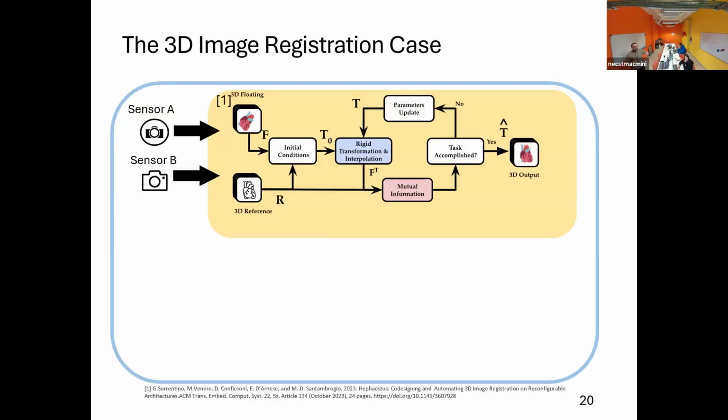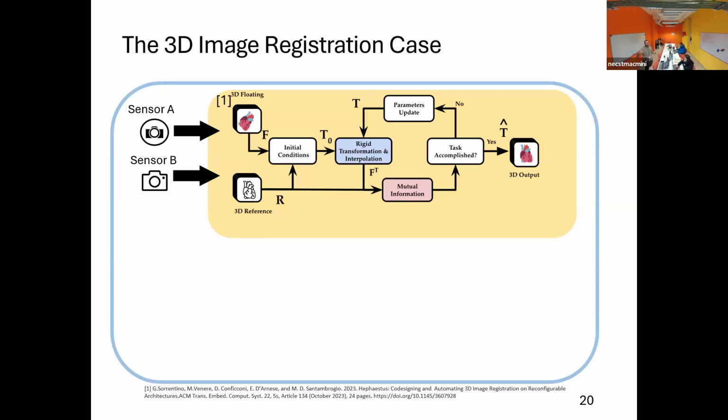So you apply several transformations to the floating volume to align it with respect to the reference volume according to a similarity metric. And as metric, I target the mutual information as it gives me the multimodality feature. So the two input images can also be acquired from different sensors.